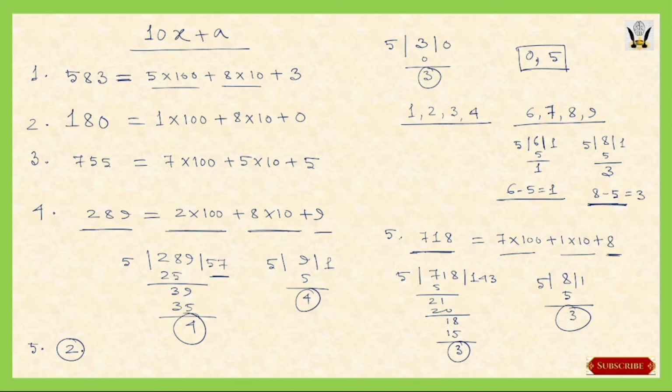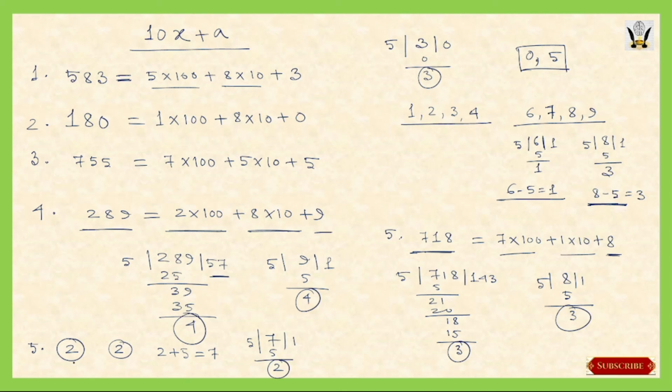Since here the remainder is 2, we know that the remainder will be the same as when we divide the digit that we have at units place separately by 5. So if the remainder is 2, then the last digit could be 2, or it could be 2 plus 5, which is 7, because when we divide 7 by 5, in that case also the remainder is 2.